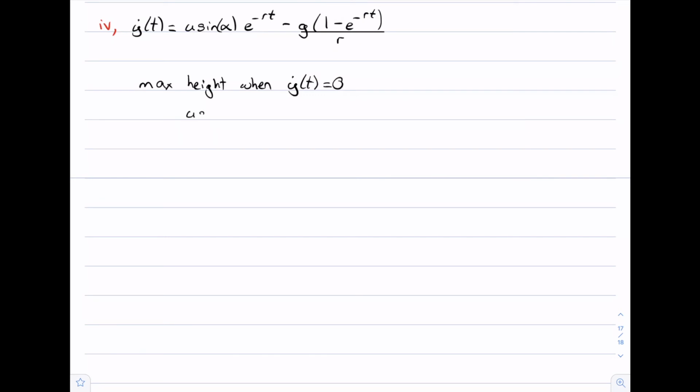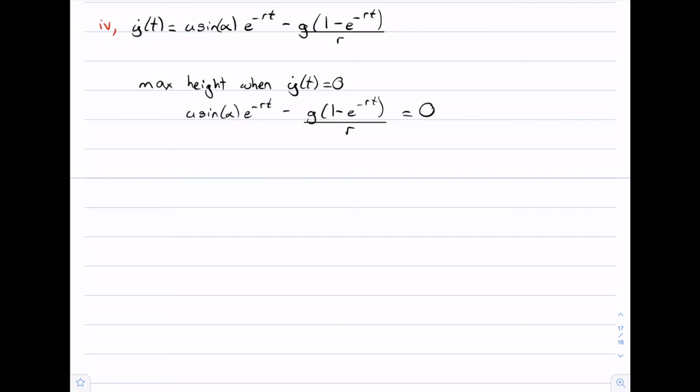We have u sine alpha times e to the negative rt minus g into 1 minus e to the negative rt all over r is equal to 0. Now we want to solve for t, which means we want to make t the subject here. And we can see that we have an e to the negative rt here and an e to the negative rt here. And that's the only place where t appears.